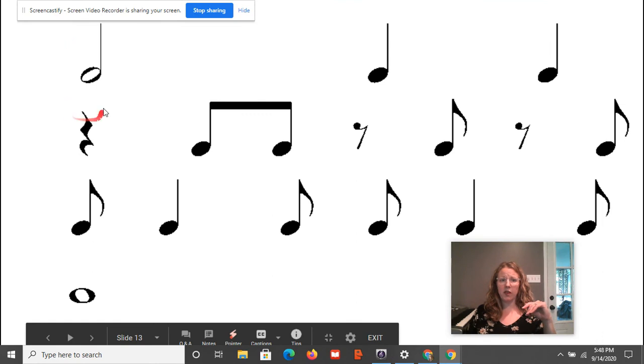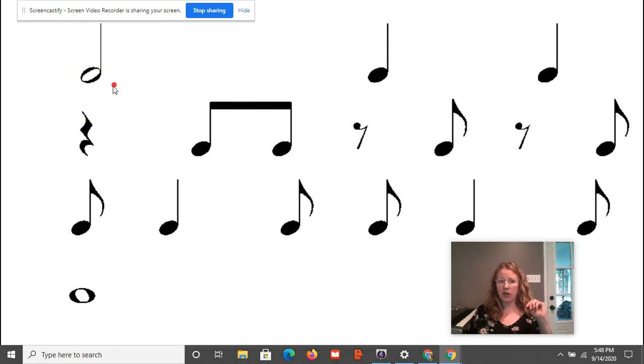How many pulses for this? 4. What was that called? Half note. How many pulses for a quarter note? 2. Quarter rest? 2 snaps. Eighth note? 1.